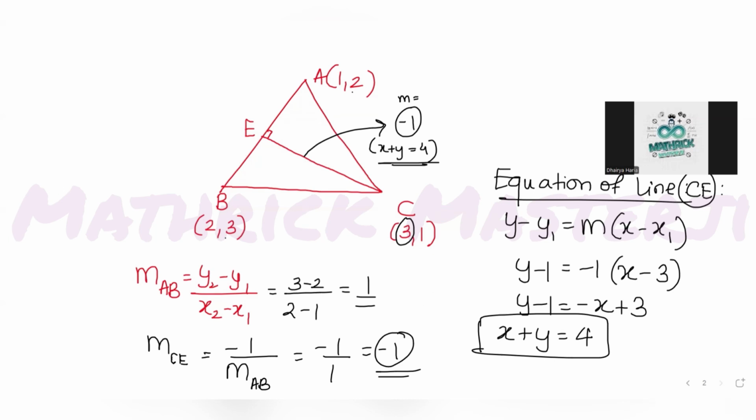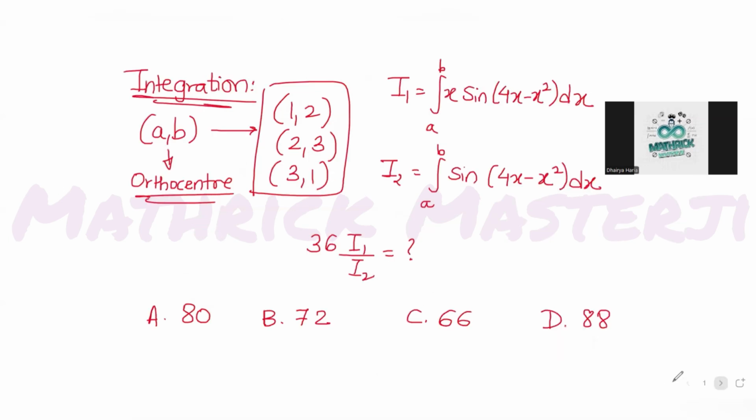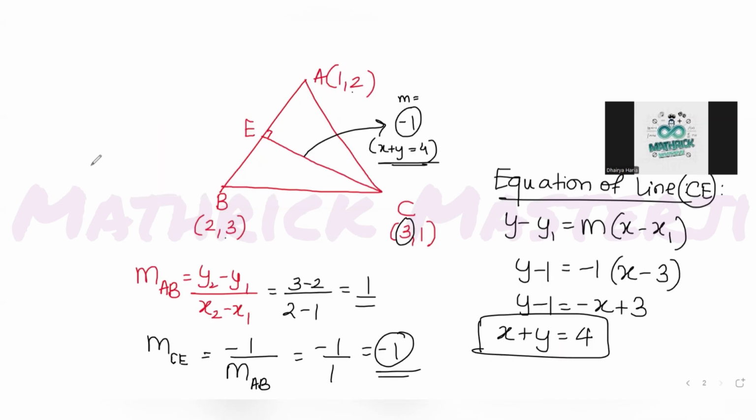The question says that (a, b) is the orthocenter. Orthocenter means the intersection point of all the altitudes. One is here, one is coming from here, and the intersection point of all of them is the orthocenter. Let's say the orthocenter is O, given by the coordinates (a, b).